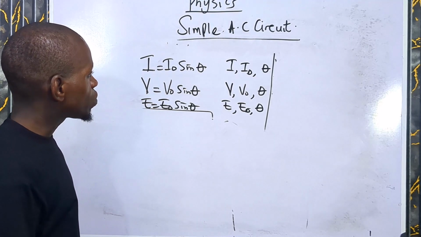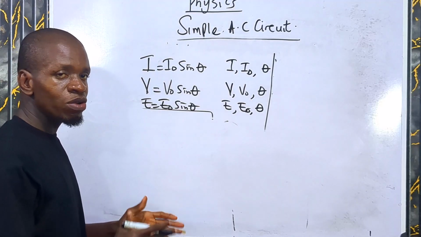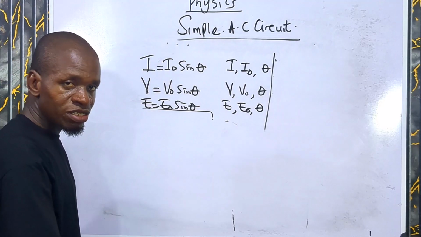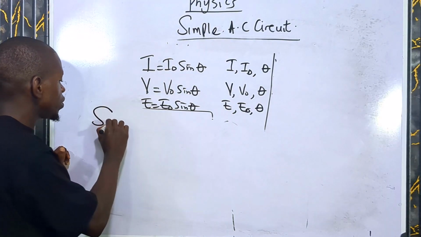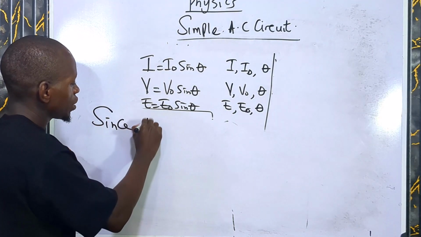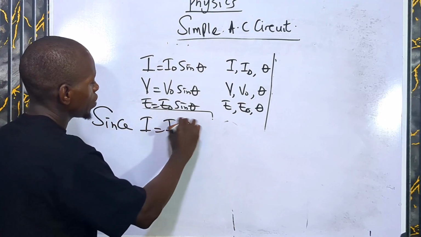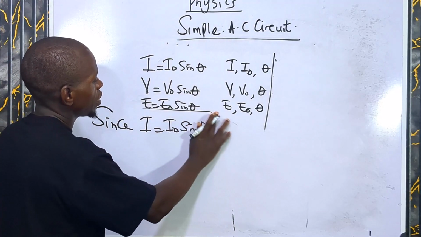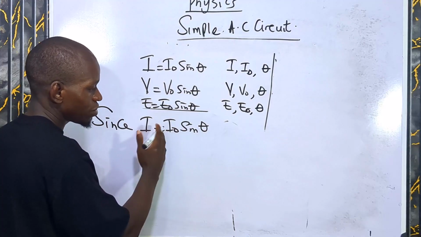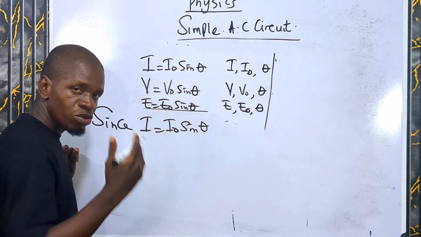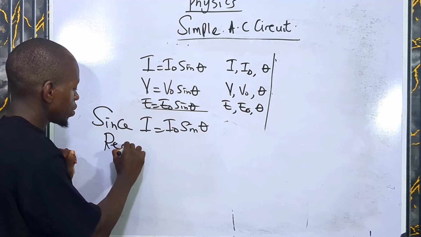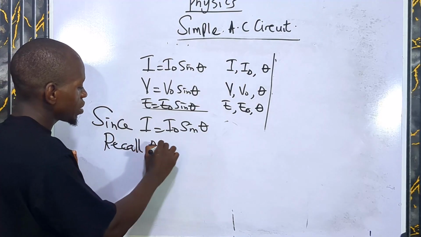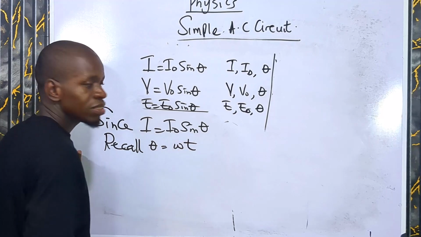Now let's consider the one that has a frequency. Let me show you the one that has frequency. I'm going to derive that now, and the one that has period. Since we all know that I equals I0 sine theta, this is the first one that we did. Now, we can also recall that my theta equals omega t.